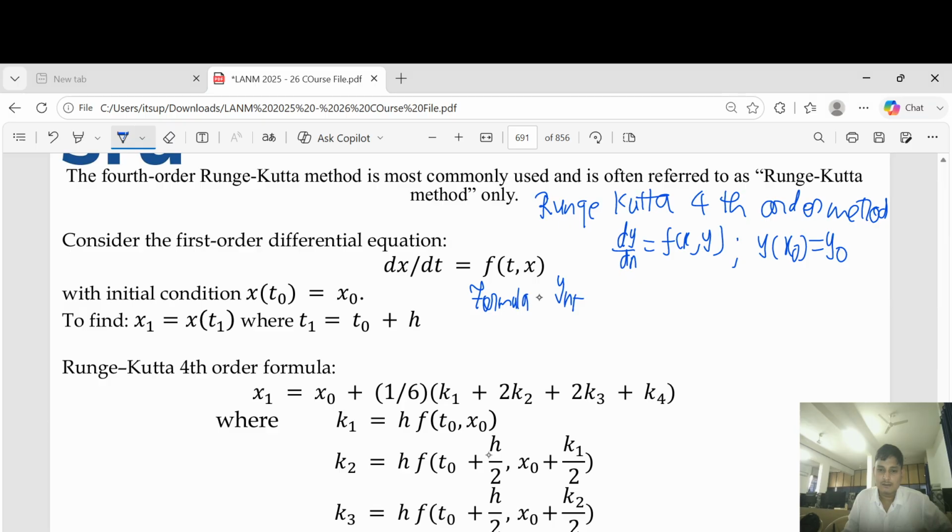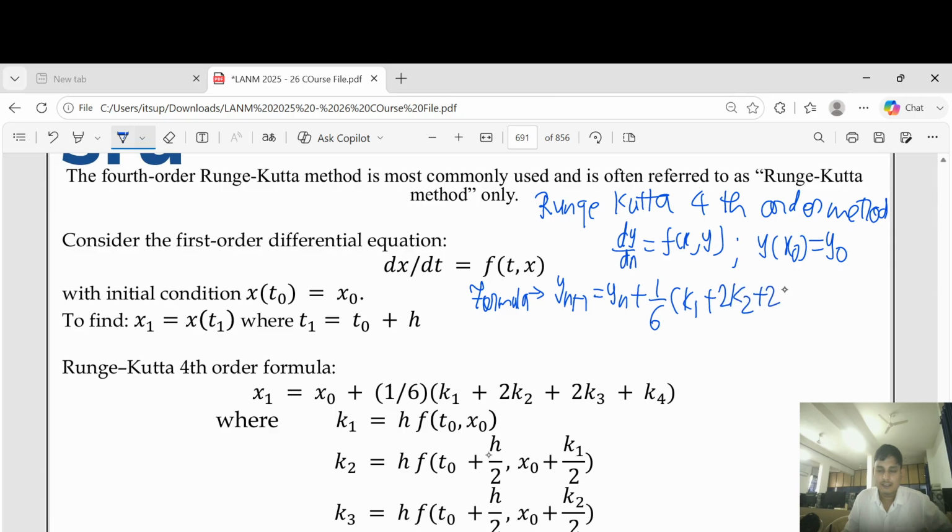y n plus 1 is equal to y n plus 1 by 6 times k1 plus 2 k2 plus 2 k3 plus k4. You remember this.